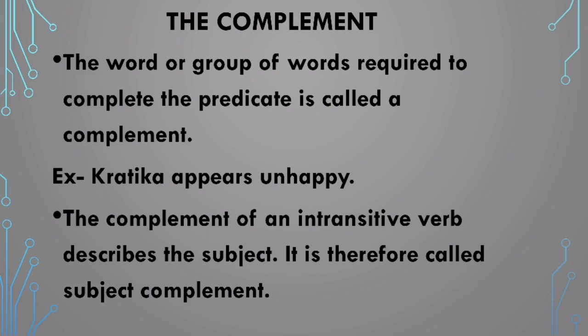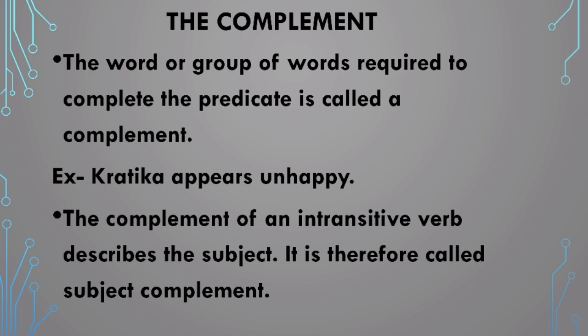Now just see. Complement of an intransitive verb describes the subject. अच्छा, transitive verbs तो वो होते हैं जिनको objects चाहिए होता है to complete its meaning, right? Intransitive which do not require an object to complete their meaning. So, complement of intransitive verbs, they describe the subject. वो क्या करते हैं? Subject को describe करते हैं. That's why they are called subject complement.